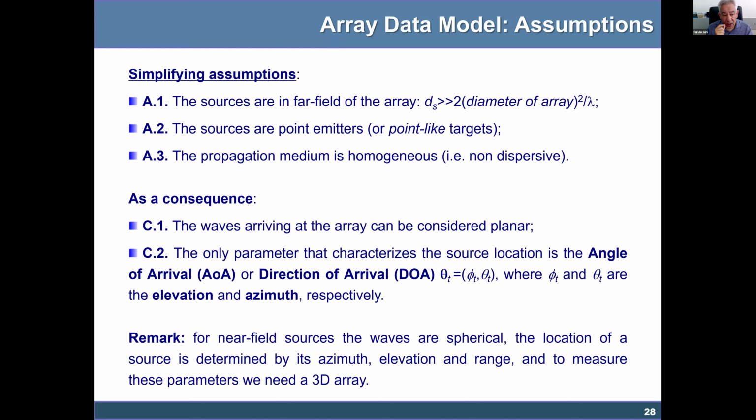Basically, we can make this assumption if the distance ds from the sensor to the source is much greater than 2 times the diameter of the array squared, divided by the wavelength.